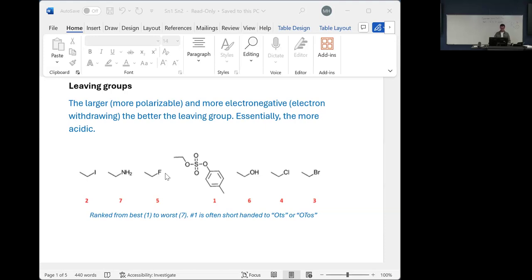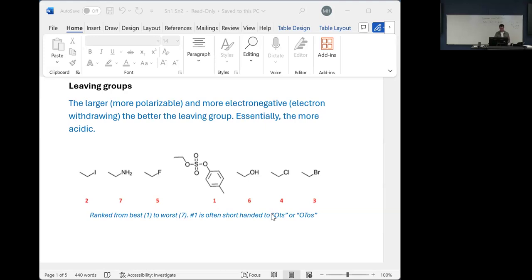Same if you're looking at the same period, like oxygen versus nitrogen, oxygen is better because it's more electronegative. So the more electronegative and the bigger, the better.